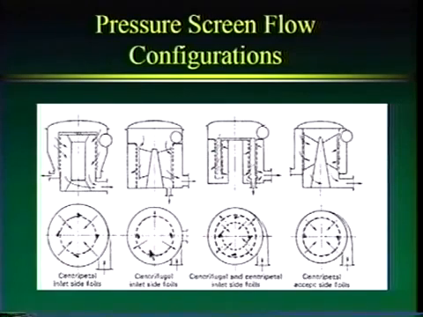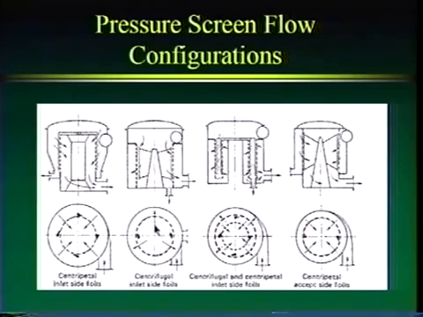Then we have a centrifugal inlet side foils. So in this case, here's our inlet, but now the feed pulp is actually inside the basket. This is much like the picture that I showed you before. The fibers go through the basket towards the outside, and the foils are on the inside, keeping the feed face of that screen clean.